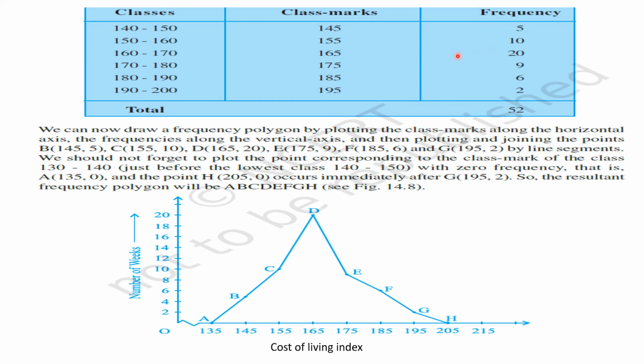Without constructing a histogram, we are drawing the frequency polygon for this data. We can draw a frequency polygon by plotting the class marks along the horizontal axis.